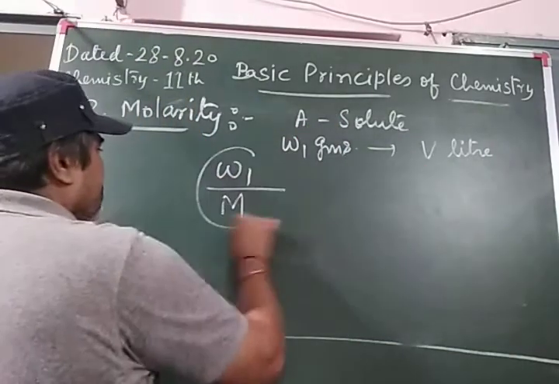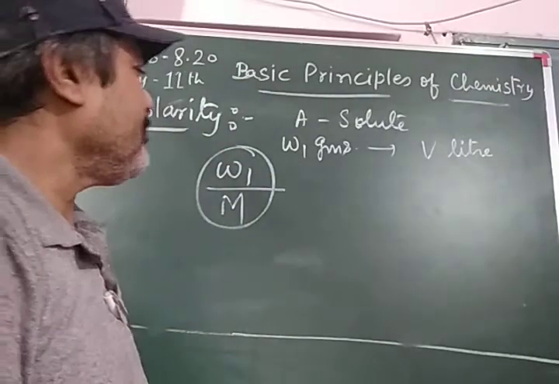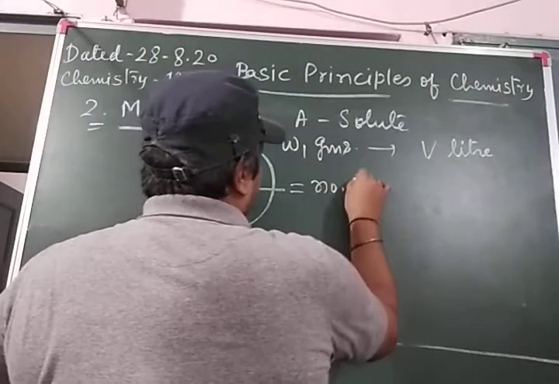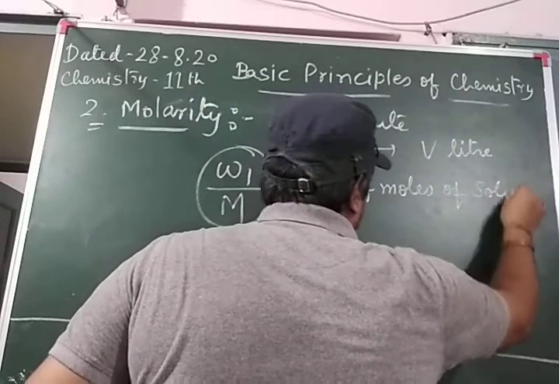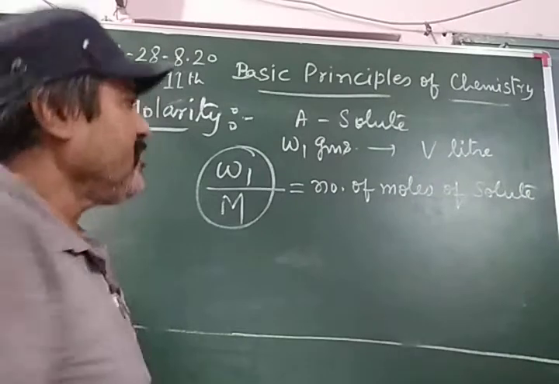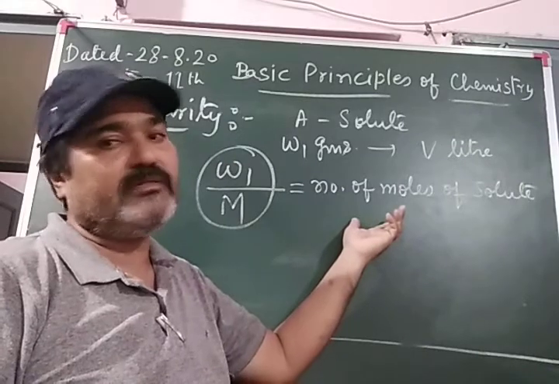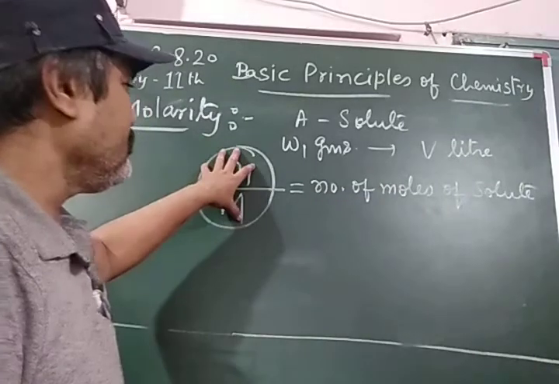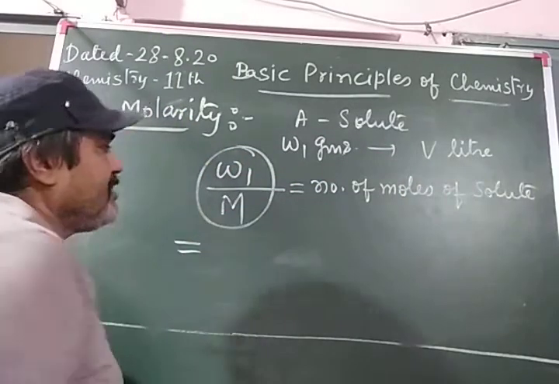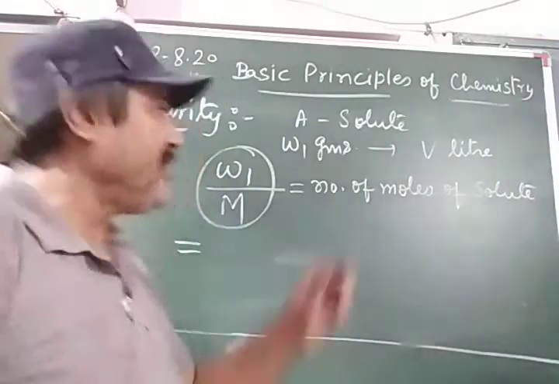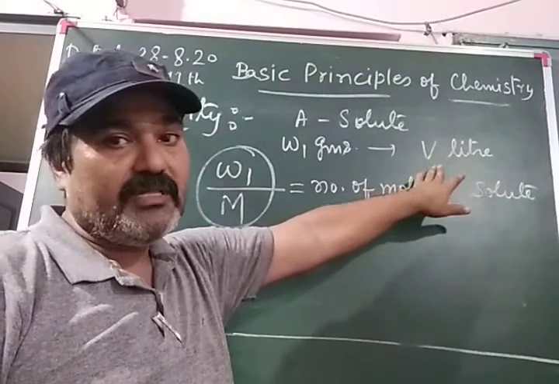So this ratio W1 upon M will give us the number of moles of solute. And according to the definition, the number of moles of solute is dissolved in V liter. Then to find out the number of moles dissolved in per liter, we will have to divide by the volume of the solution in liters.